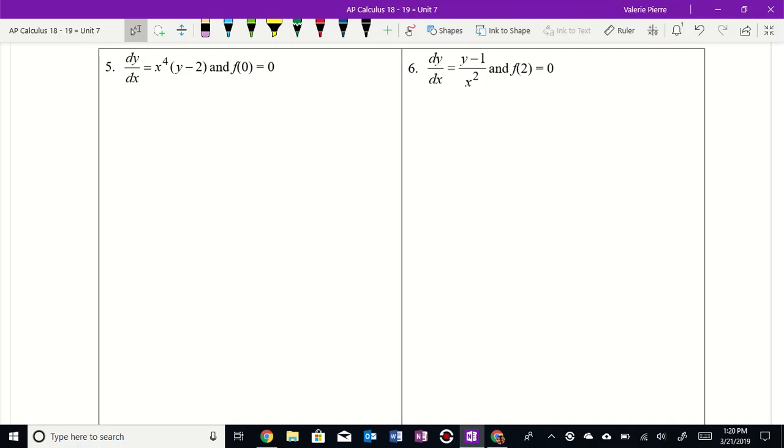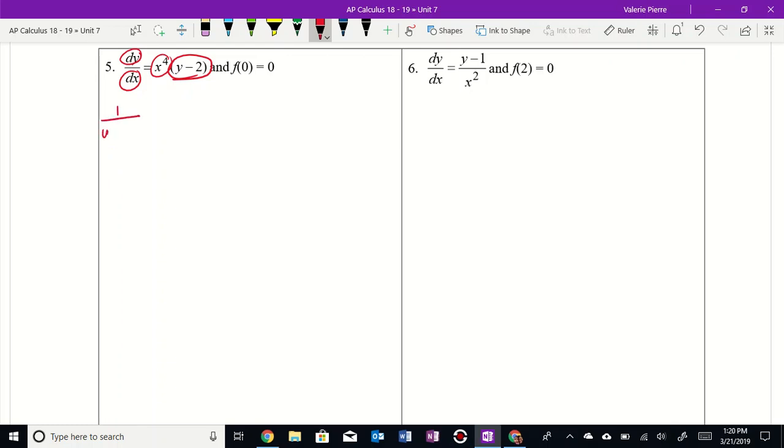Okay, for number 5, we again are going to separate our y's and our x's. So our y's need to be on the same side, our x's need to be on the same side. So in order to move our y minus 2 over to the left, we have to divide.